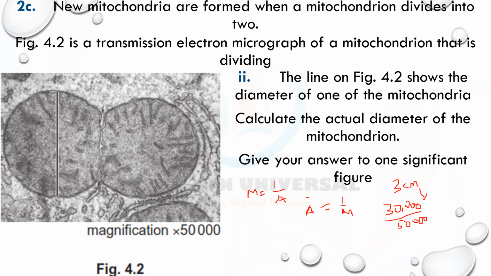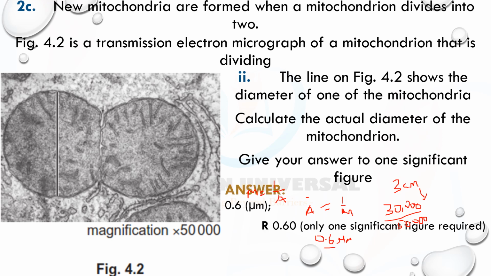Press your calculator. That gives you 0.6 micrometers. So that's the answer. All right, guys, so let's go to the next question.